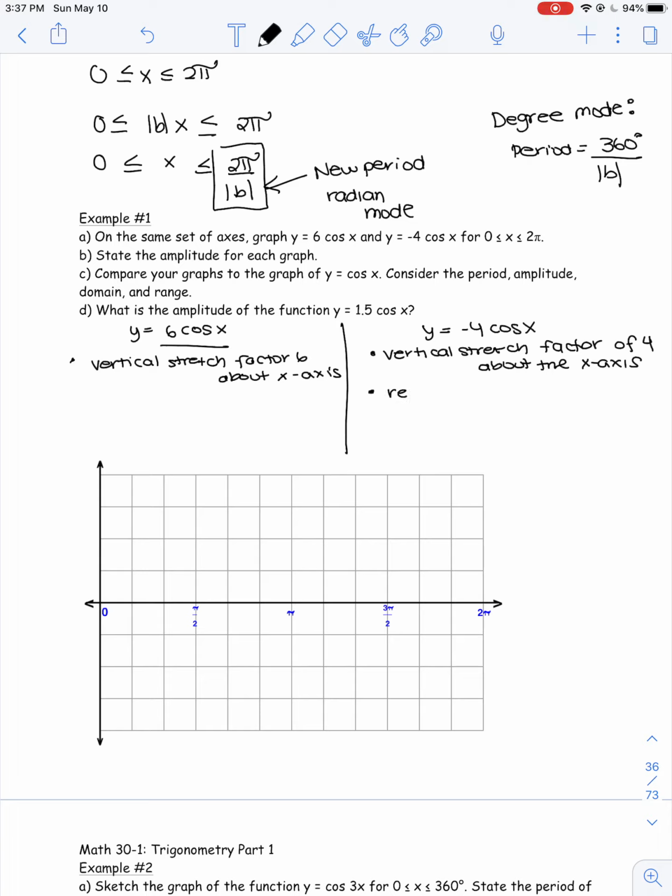We also have a reflection about the x-axis.